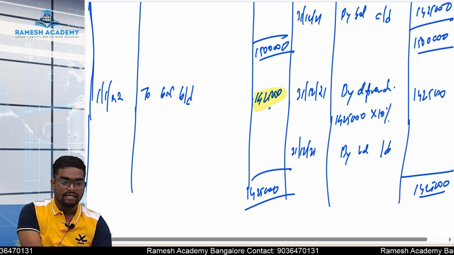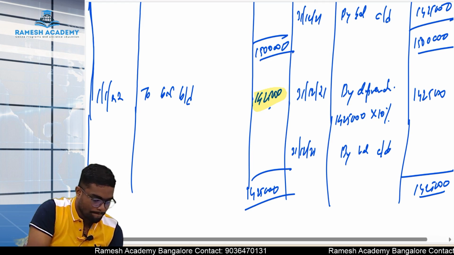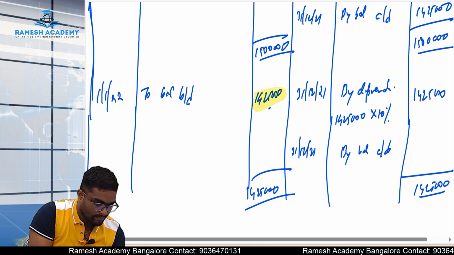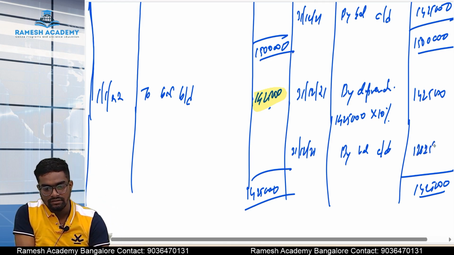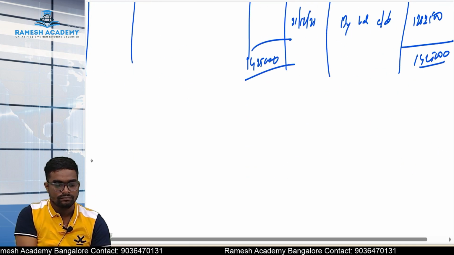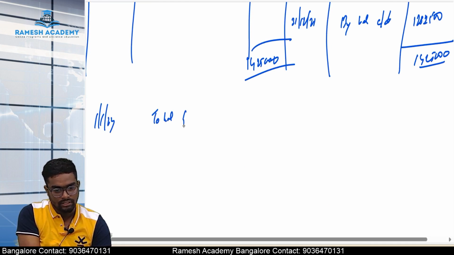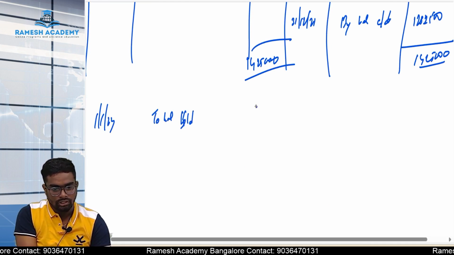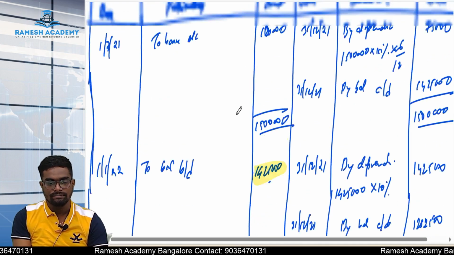So first it will be carried down, then brought down. So how much is it? It is 12 lakh 82,500. Okay, so 1/1/23 it will be to balance brought down 12,82,500. Okay, that's it. Please copy.